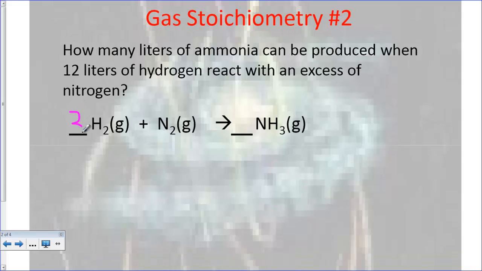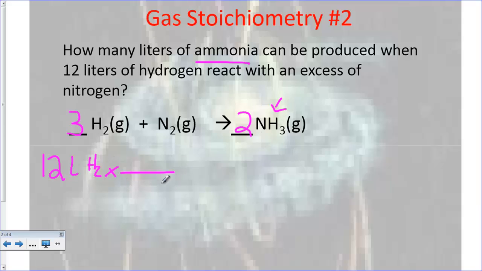So here's the same balanced equation. Go ahead and balance it. We have 12 liters of hydrogen, and it wants to know how many liters of ammonia, which is NH3, that we have. So we can just simply use the ratios from our balanced equation to go from liters of hydrogen to liters of ammonia.